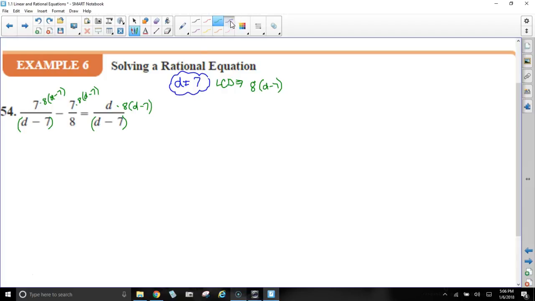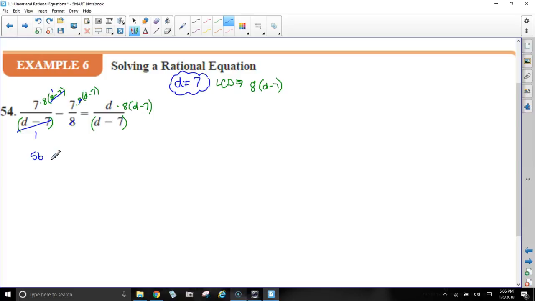Okay, you ready for the fun part? That is wiping out those common factors in the numerator and the denominator. D minus 7, that whole shebang, reduces with d minus 7, just leaving us with 7 times 8, which is 56. Here, we can only reduce the 8, and so we have a negative 7 times the quantity d minus 7.